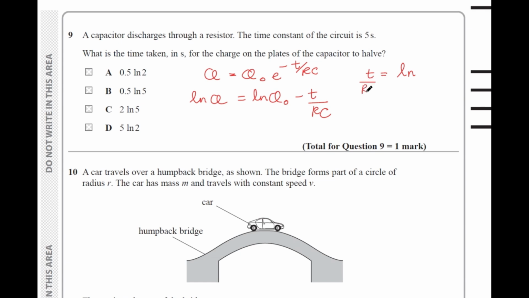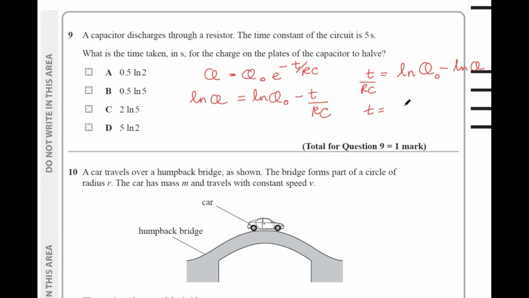First make sure that you rearrange the formula correctly, otherwise it will be difficult for you to score that 1 mark. Ln Q naught minus ln Q. Natural log subtraction means log division.